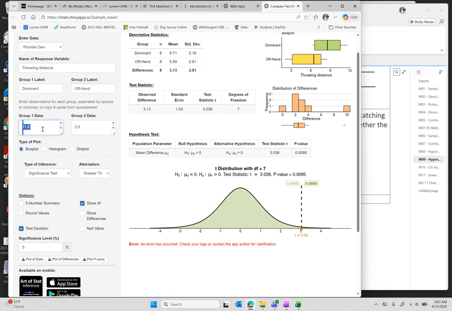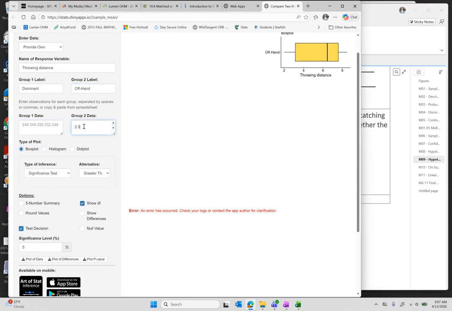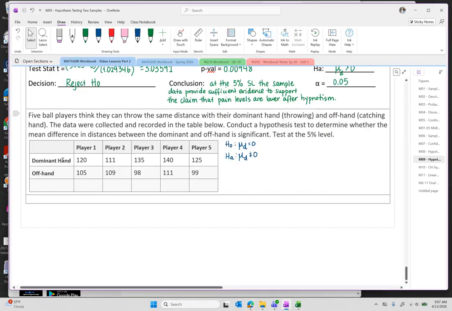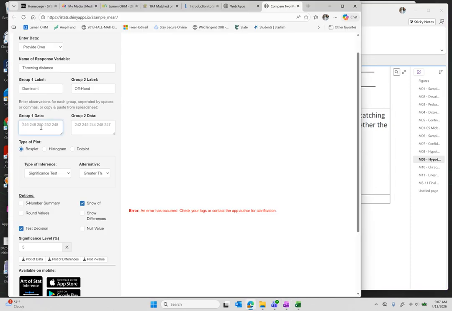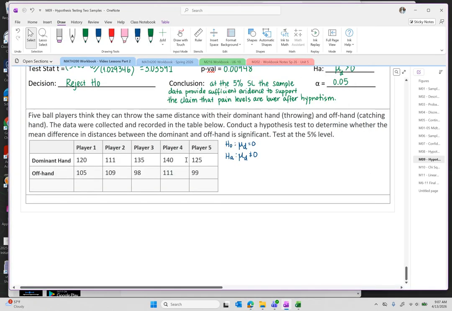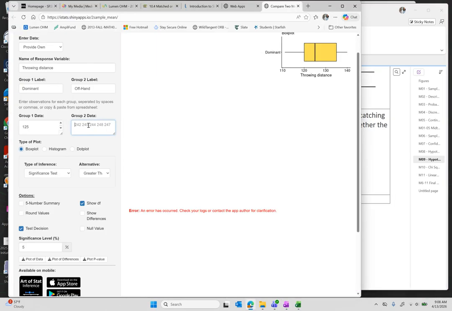And I'm going to delete the data here and enter the new data. So for the dominant hand, I'm going to enter those. And for the offhand, I'm going to enter those.